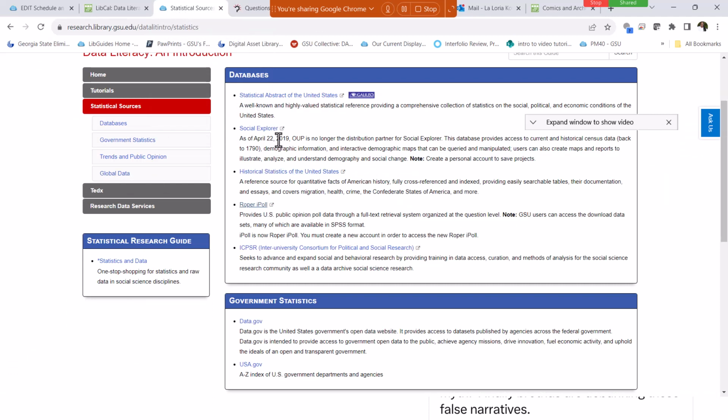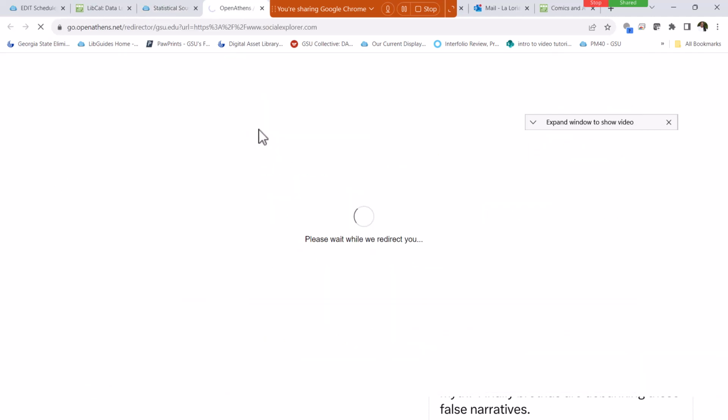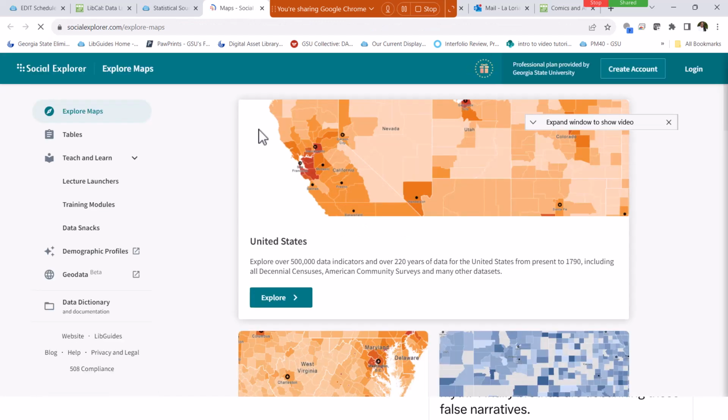And lastly, I'm going to show you this Social Explorer. Remember when we were talking about visually appealing data? This one does give you tables that you can put in your paper, but also if you want to look at how it appears on a map, we're going to go again.